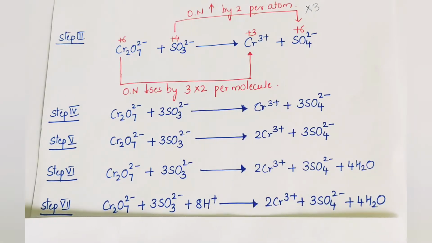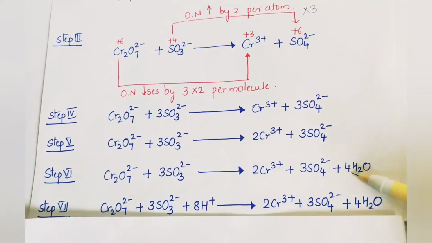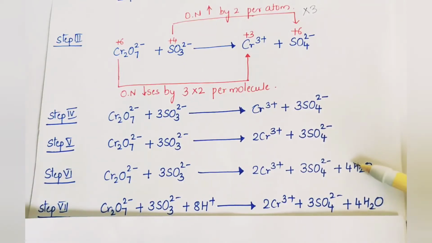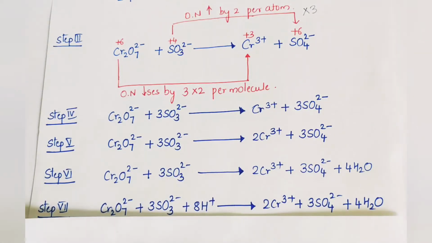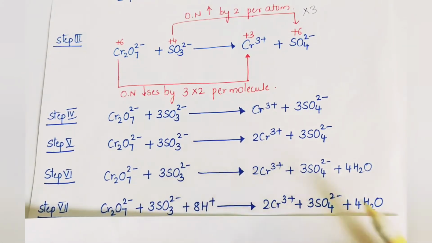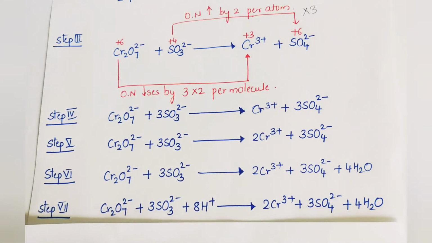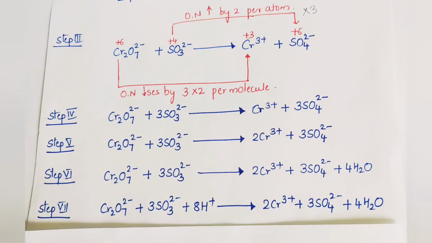In acidic medium, you just add the deficient number of hydrogen atoms, so 8 H+ ions go to the deficient side. If it was basic medium, you would add OH- on the reverse side. So this is the final balanced equation by the oxidation number method.